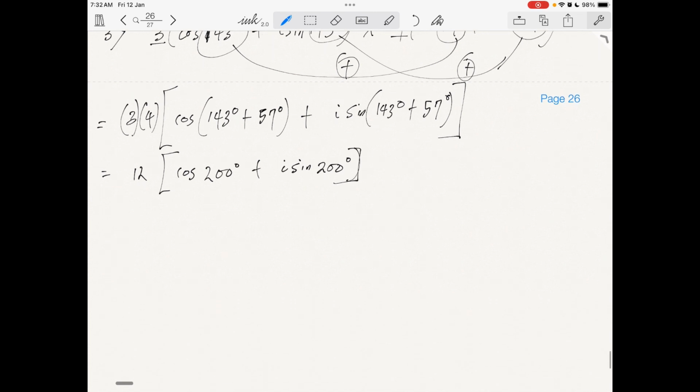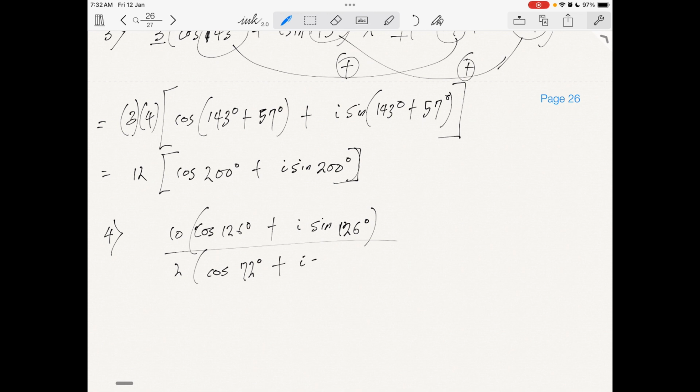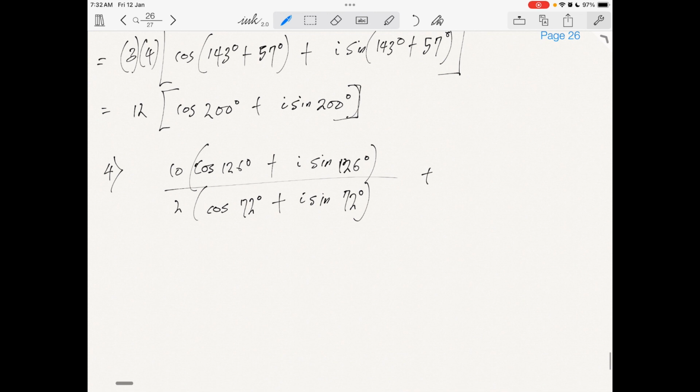Also, we might be asked to evaluate, finally for this video, 10 cos 126 degrees plus I sine 126 degrees divided by 2 cos 72 degrees plus I sine 72 degrees. Remember, we are dividing, right?